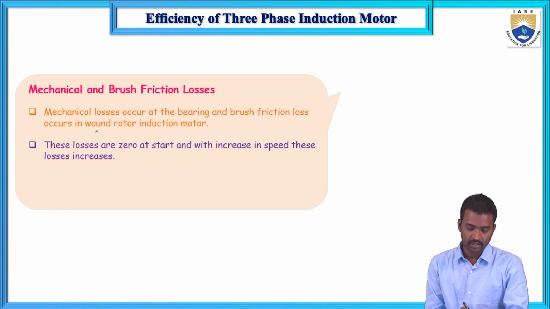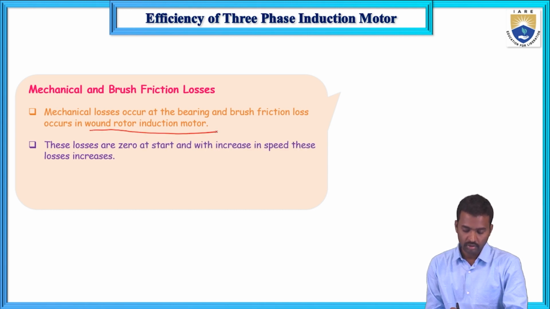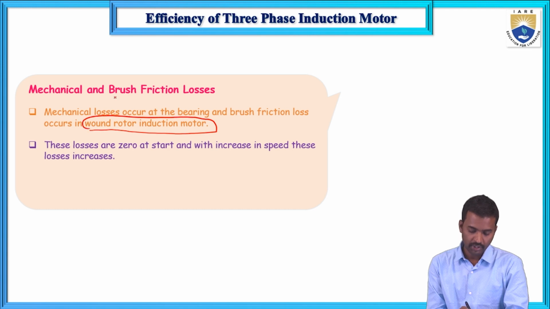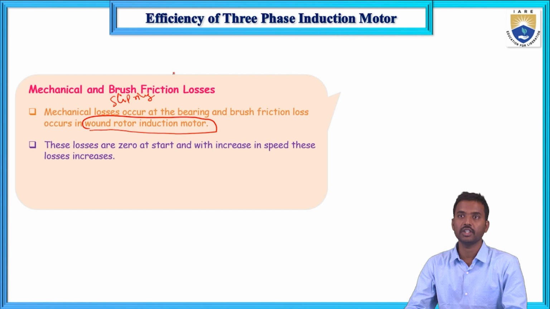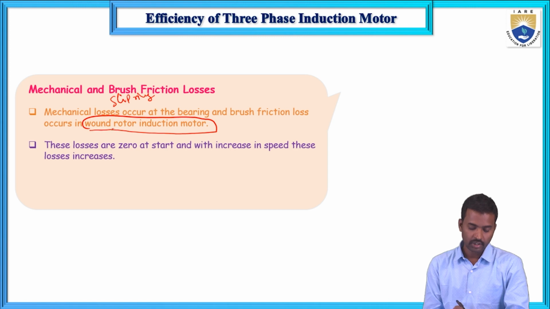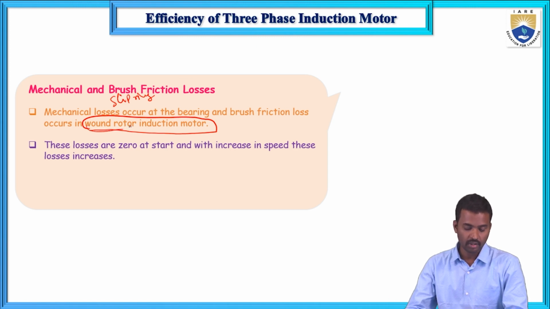This is important: these losses occur in the wound rotor or slip ring induction motor only, not in the squirrel cage induction motor, because there are no brushes there.